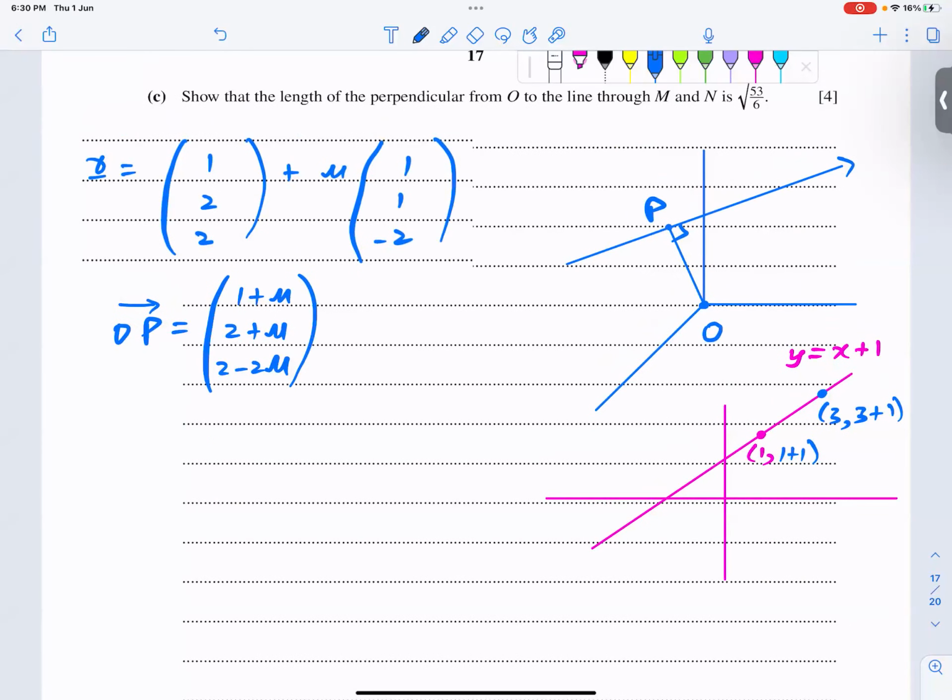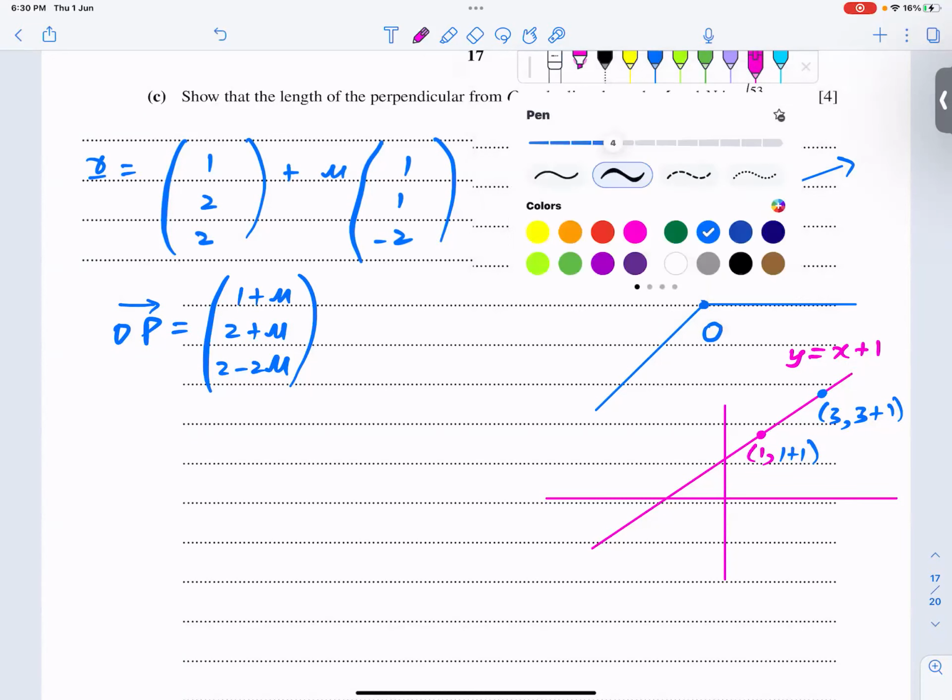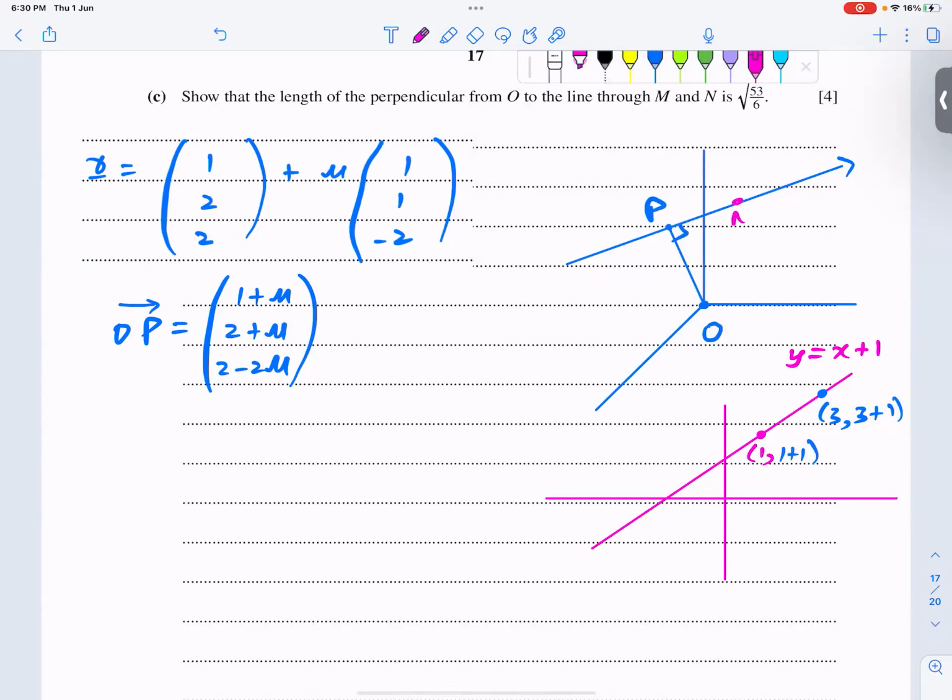We will use the directional vector, because if OP is perpendicular to the line, let's suppose we have M here and N here, so this M to N will be the directional vector. So OP is also perpendicular to the vector MN.